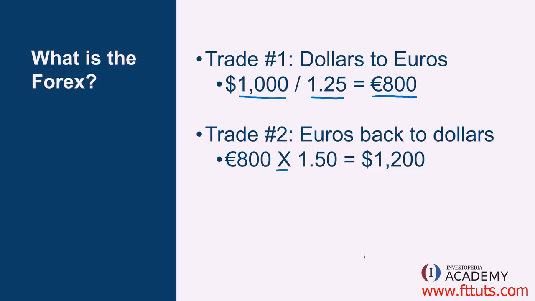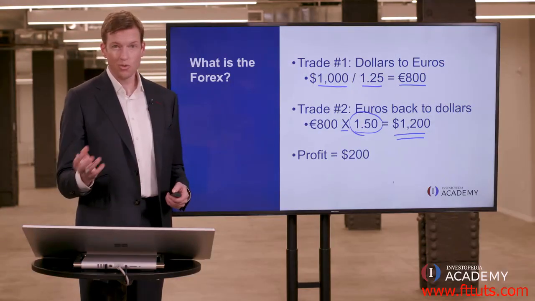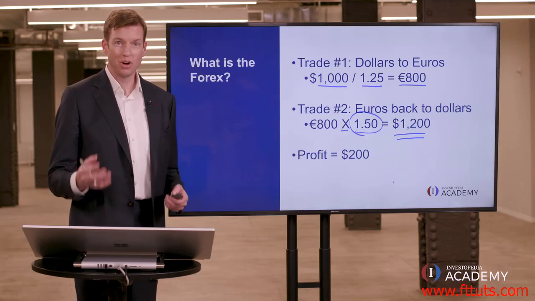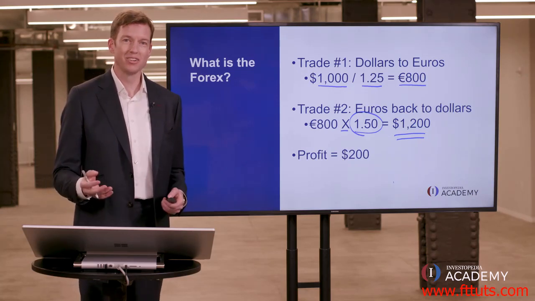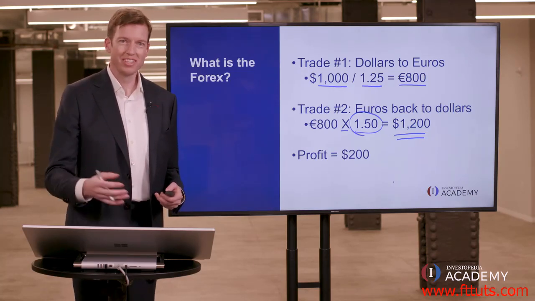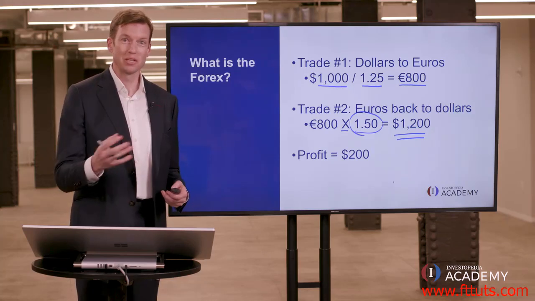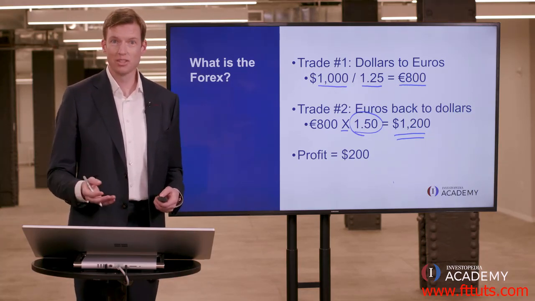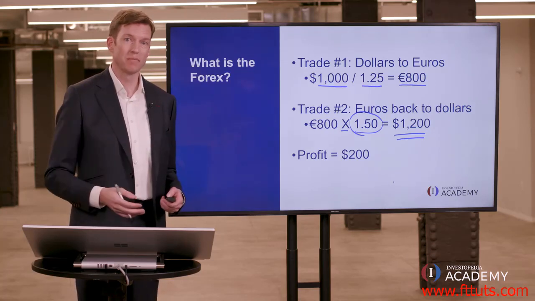We take those 800 euros, we times it by the new exchange rate of $1.50 because the dollar has gotten weaker, and we wind up with $1,200. One way you could think about this, I don't know if that's entirely fair, is that you profited in this trip by $200. Well, let's assume that this trip took place over a series of weeks or months for the exchange rate to move that much. Currency traders are basically doing the same thing, but on a much shorter time frame.